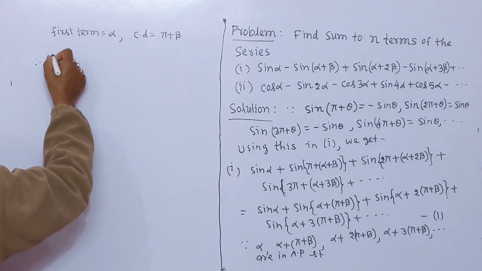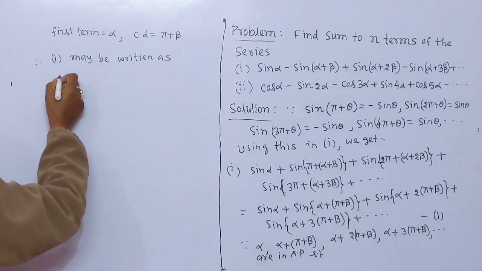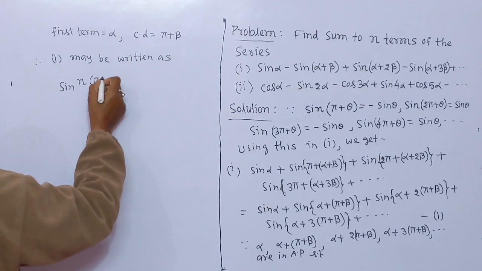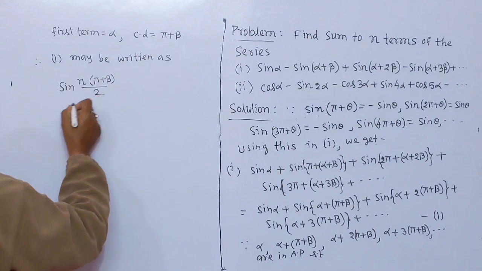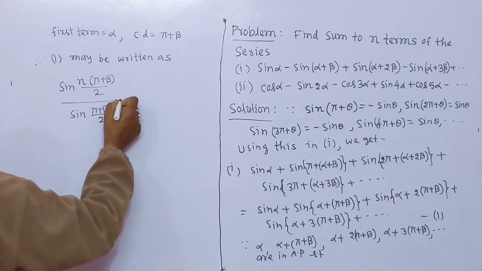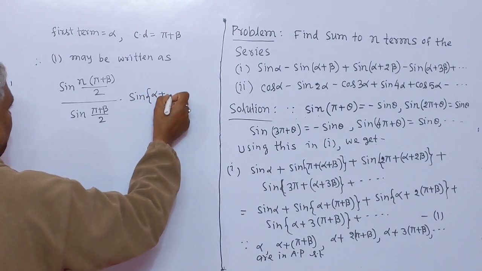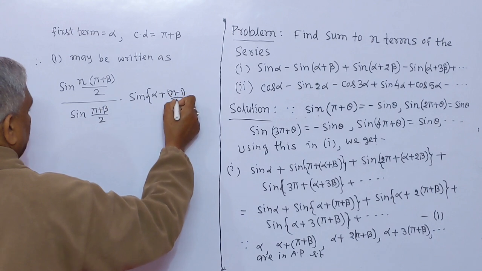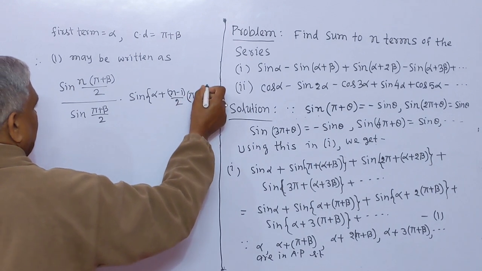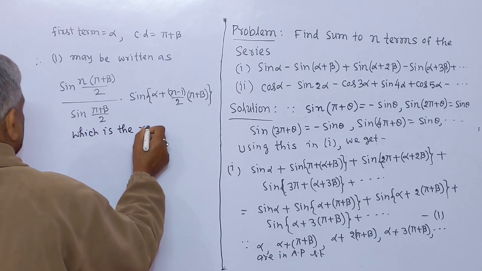Therefore, 1 may be written as sine of n times common difference, pi plus beta, by 2, by sine of common difference, pi plus beta, by 2, multiply sine of first term alpha plus n minus 1 by 2 common difference pi plus beta, which is the required result.